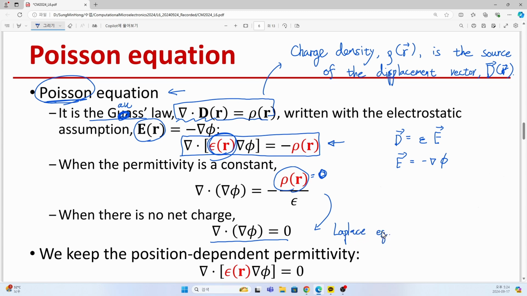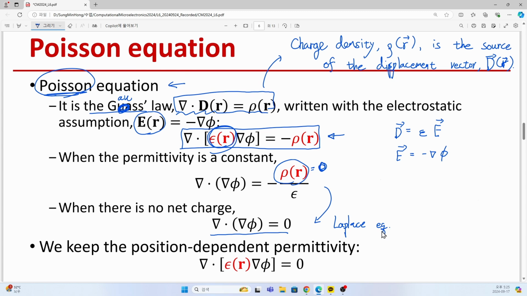So when we have zero net charge density and a homogeneous material where the permittivity is constant, then the Poisson equation can be reduced to the Laplace equation.